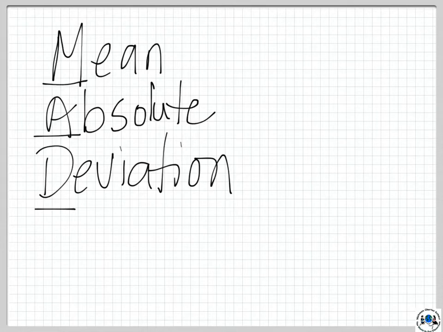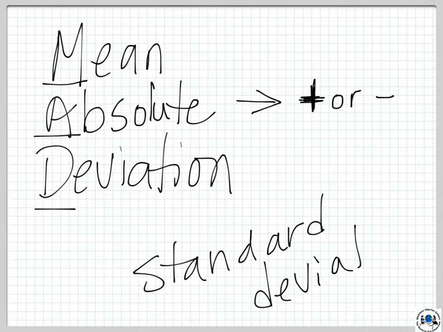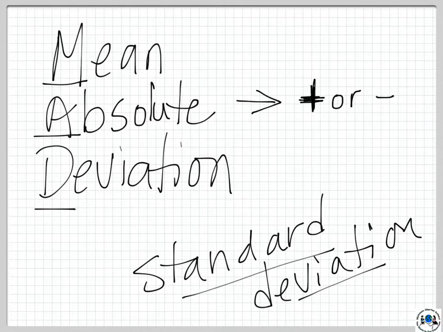You can imagine absolute refers to positive or negative, so we're just talking about a distance away from the mean. In the future, standard deviation is what we do look at in statistics, but they are going to introduce this mean absolute deviation.